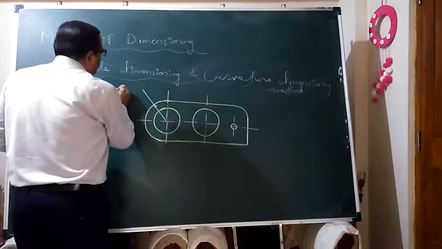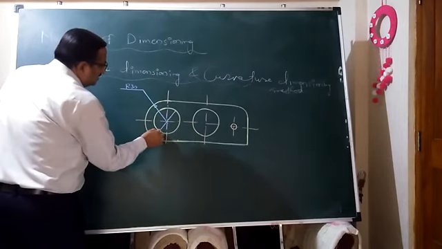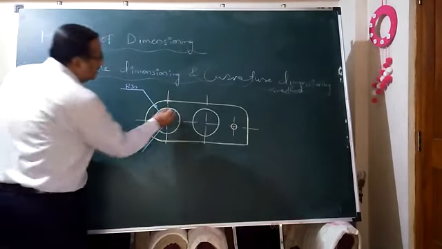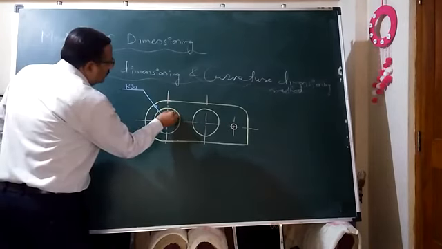Now if I have to show the diameter of this circle, in that case what do you have to do? Again, you have to create a slanted leader line here. Now in this case, as I have to show its diameter, both the arrowheads you have to create here on the inner periphery of this circle, and extend it, make it horizontal. Over that, you write phi.